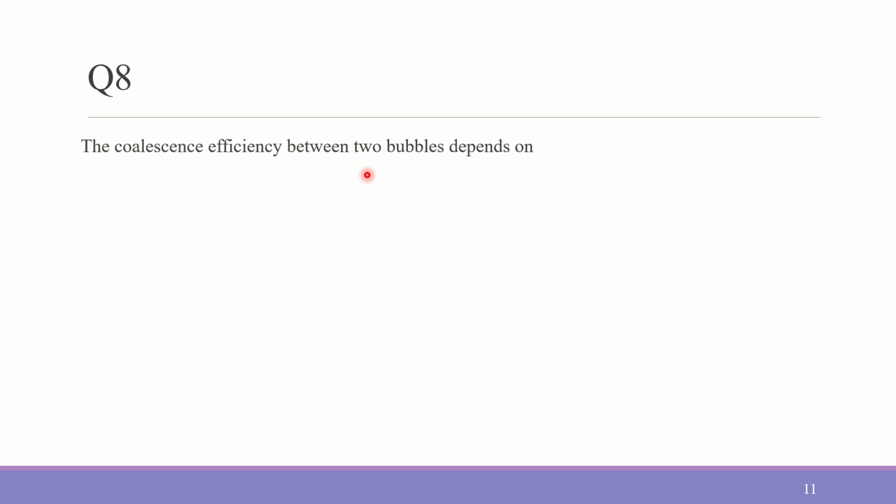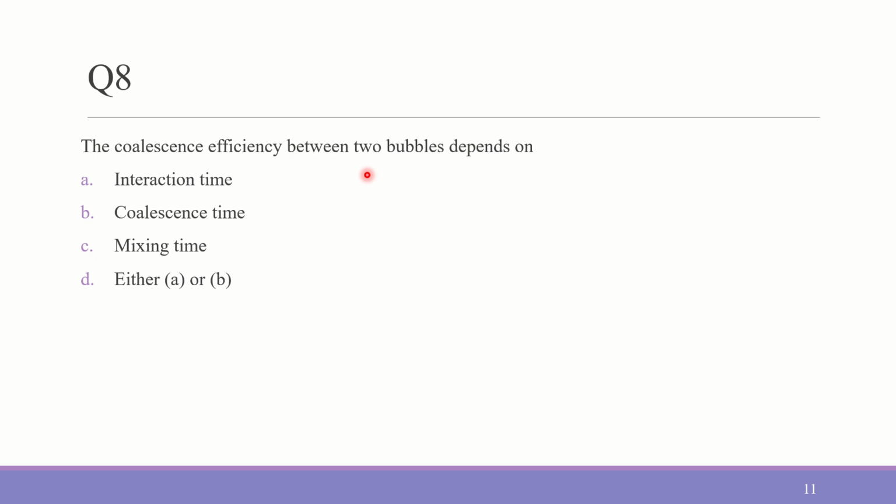Coalescence efficiency between two bubbles depends on dash. Interaction time, coalescence time, mixing time, either A or B. As you all know, the coalescence efficiency between two bubbles depends on coalescence time and interaction time.